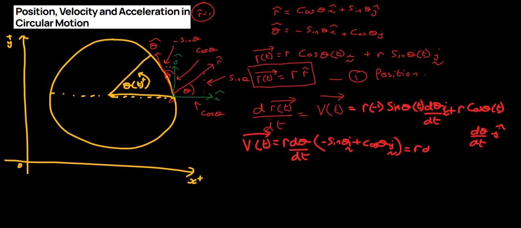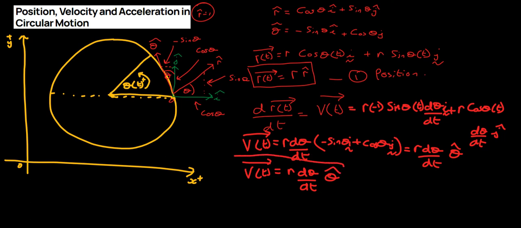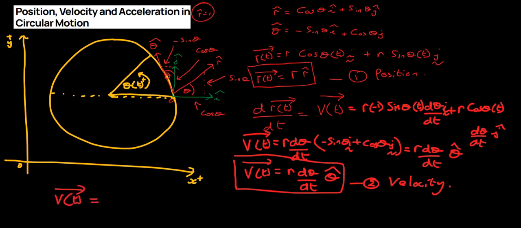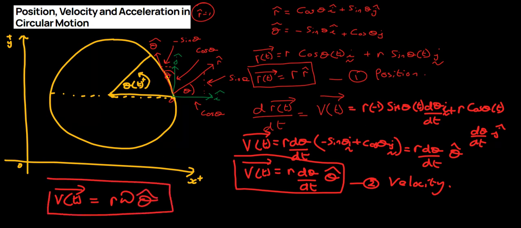So r d theta dt theta hat, equation 2, is our velocity vector. In some textbooks you may see this just alternative notation.